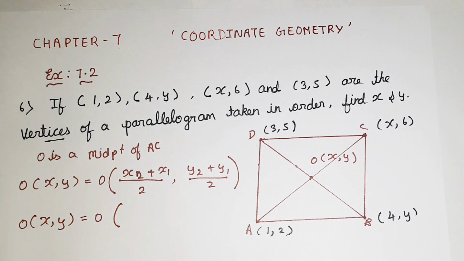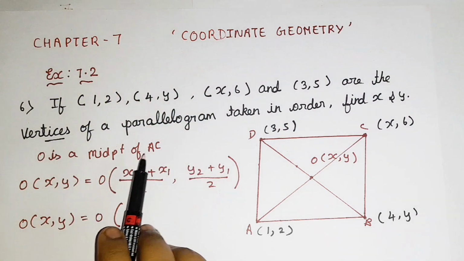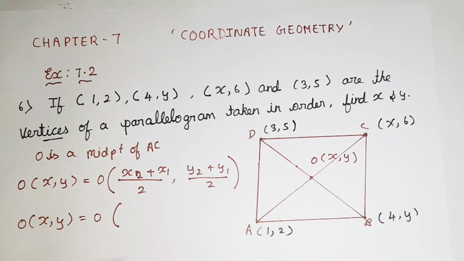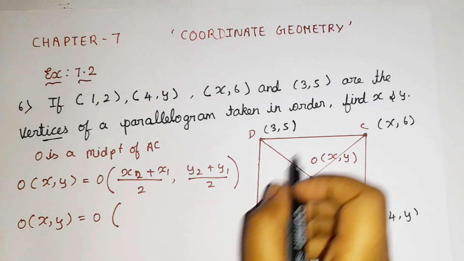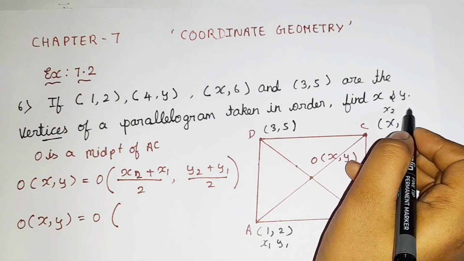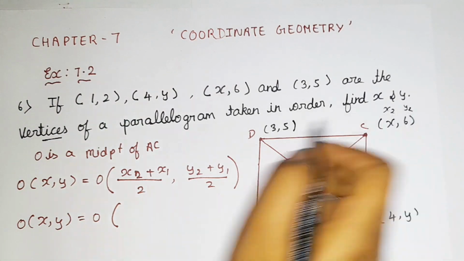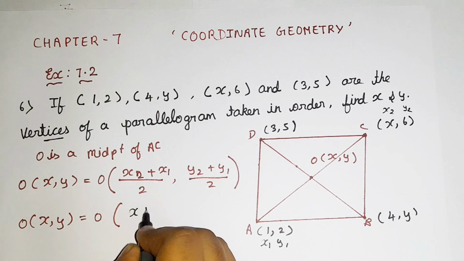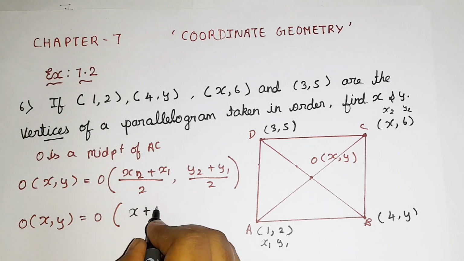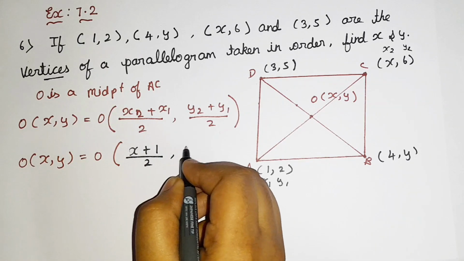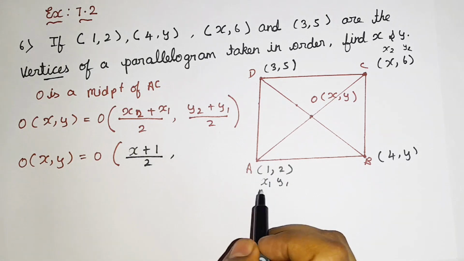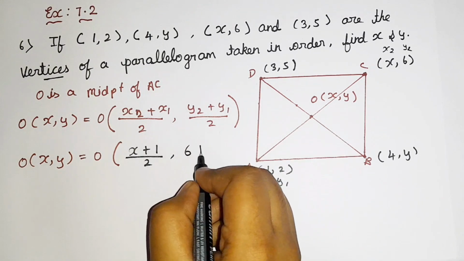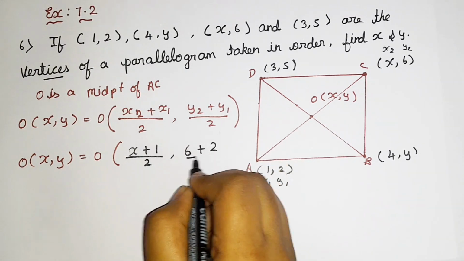O is the midpoint of AC, so I take A as x1, y1 and C as x2, y2. Here the x2 value I take as x, plus the x1 value 1, divided by 2, comma, the y2 value is 6 plus the y1 value 2, divided by 2.